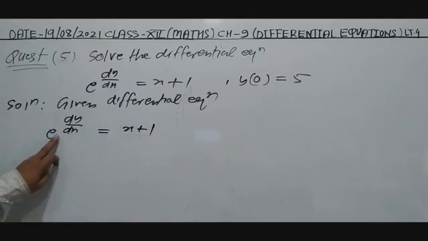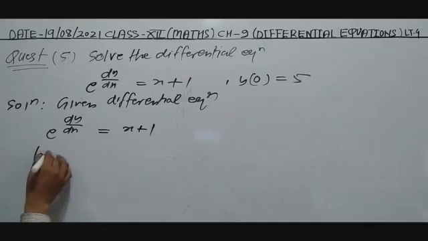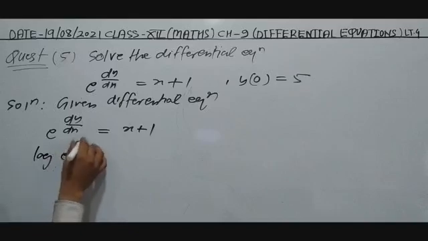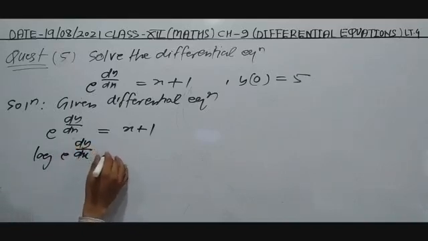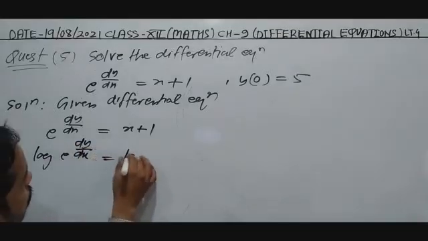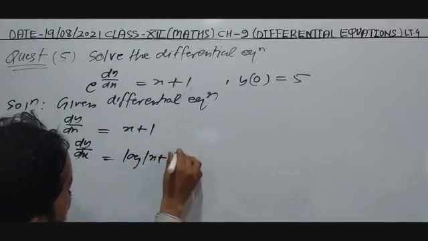Now I have to take a log on both the sides. So what will be the result? Taking log on both the sides, dy by dx is equal to log of x plus 1.